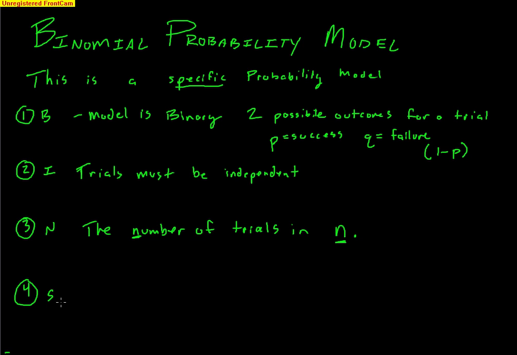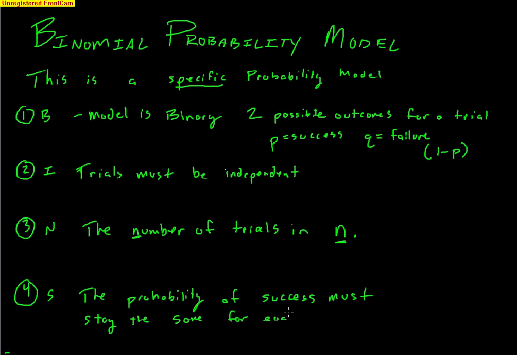The last thing is the S, and the S stands for the same. What we mean is that we need the probability of success to stay the same on every trial. So the probability of success must stay the same for each trial.